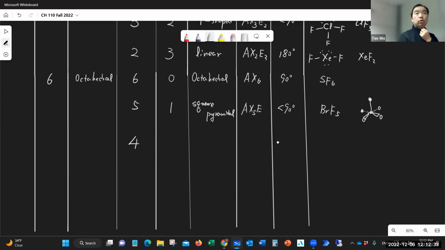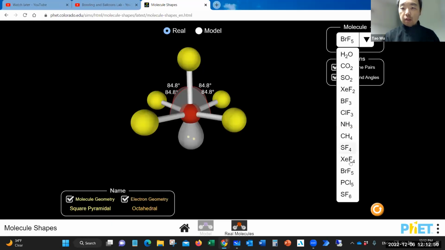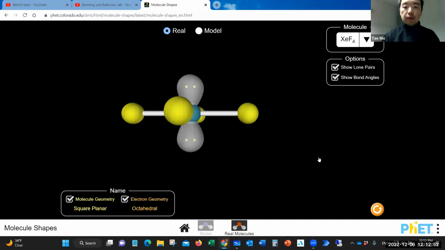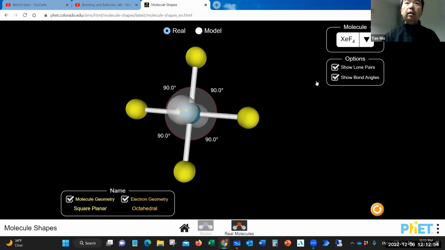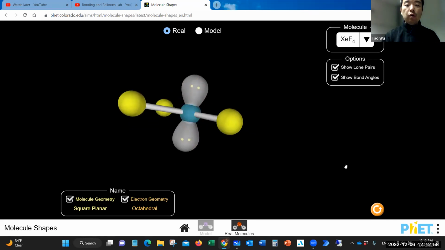The last geometry is 4 bonding domains and 2 lone pairs. If we have 4 bonds and only 2 lone pairs, then that's going to be exactly a square, just like this. We call this square planar because all those atoms are in the same plane.